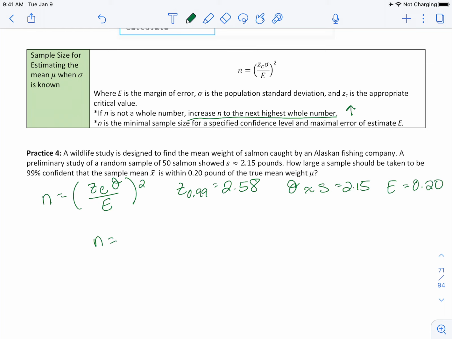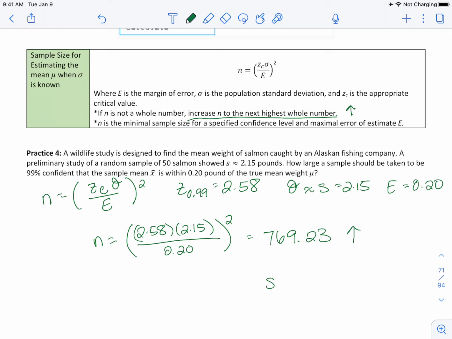So n equals 2.58 times 2.15 divided by 0.2, and then we're going to square that. That comes out to 769.23, always round up, so this would be 770 salmon.